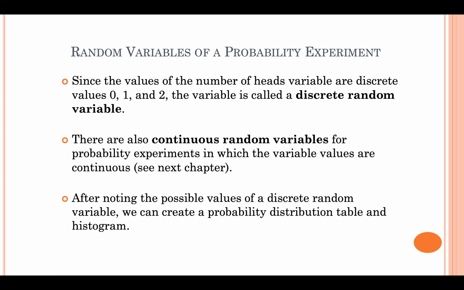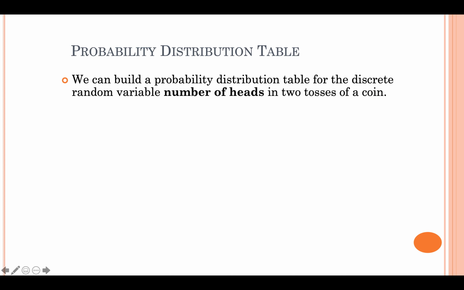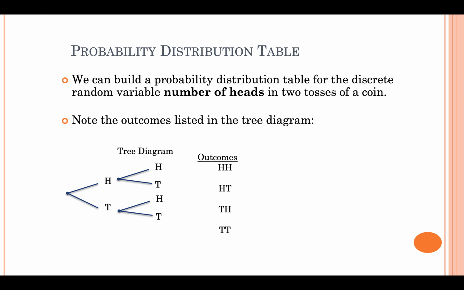and from that we can create a probability histogram. The probability distribution table has fewer columns than a frequency distribution table that we saw earlier in the course. This is the probability distribution table for the discrete random variable number of heads in 2 tosses of a coin. Remember that we built this tree diagram earlier.